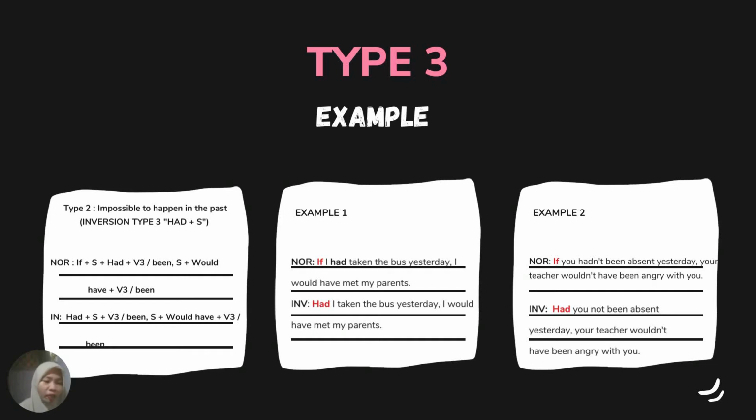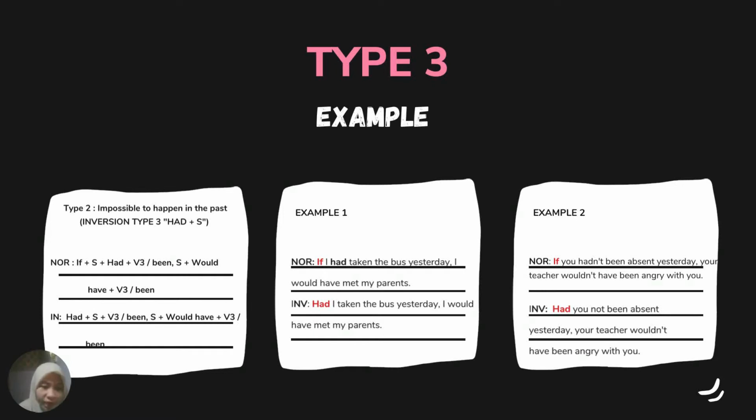And for the inversion type, we have had plus subject plus verb 3 or been, subject plus would have plus verb 3 or been. For example 1 here, for the normal sentence, we have: if I had taken the bus yesterday, I would have met my parents. And when it becomes an inversion sentence, it changes to: had I taken the bus yesterday, I would have met my parents.